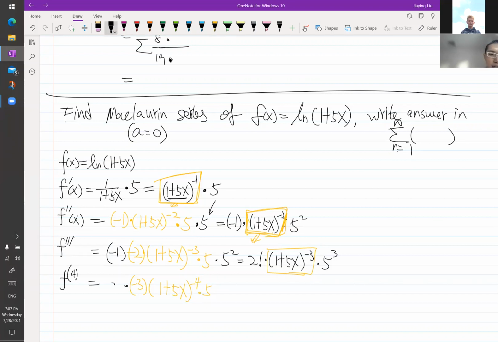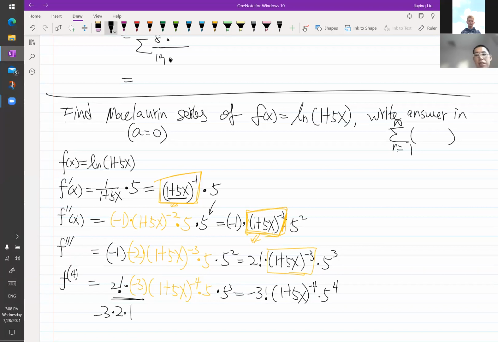So I get 2 factorial in front of it, and then 5 cubed after that. Now be careful here. You have 2 factorial, which is 2 times 1. With -3, I can put the negative in front and also the 3, so it becomes -3 factorial, 1 plus 5x to the -4 times 5 to the 4th power.